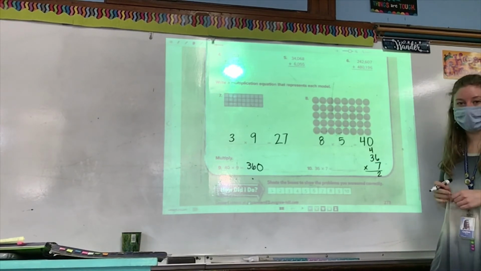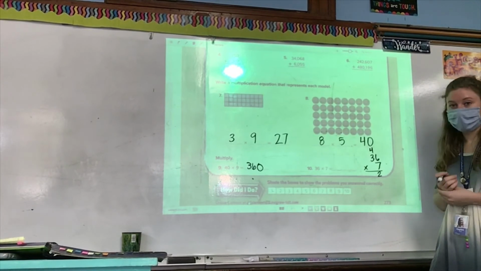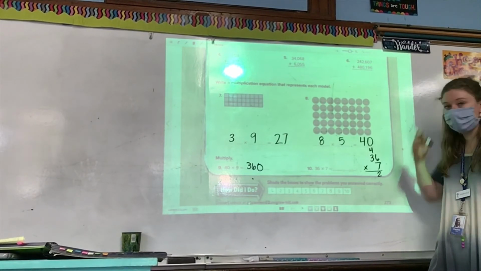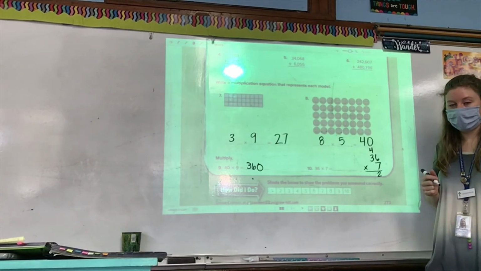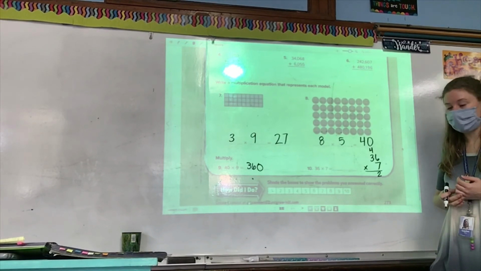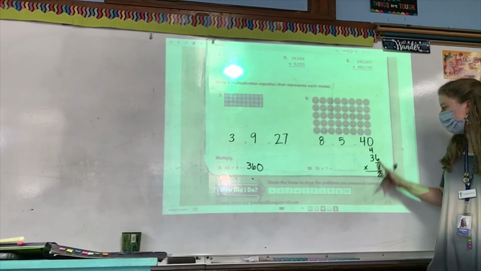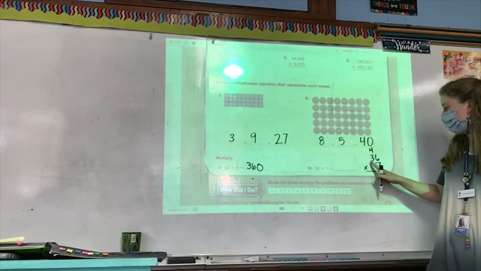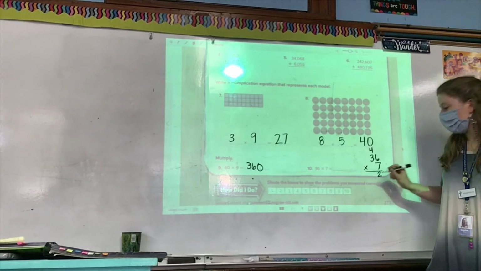Okay, step 2. Multiply the tens. Ethan, please sit and focus. 7 times 3 equals what, Zari? 21. Do we put 21 down here? No, because what do we have to do with this regrouped 4? Add it. So 7 times 3 is 21, plus 4 is 25.